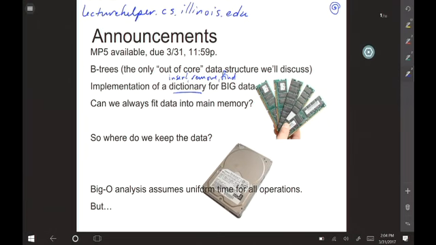Furthermore, they are functions that operate on key value pairs. So our data looks like a unique key or identifier together with a bunch of data associated with that key. And those things constitute what we're trying to put in our dictionary or what we're trying to store.